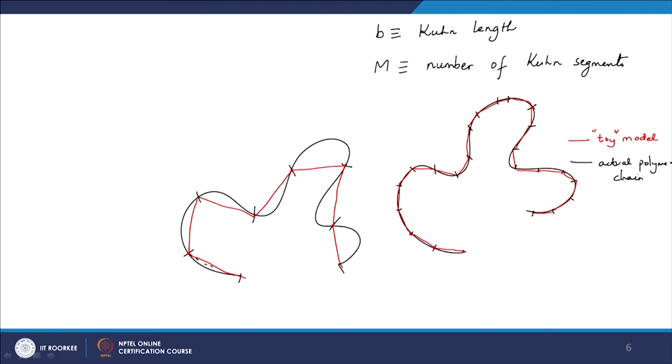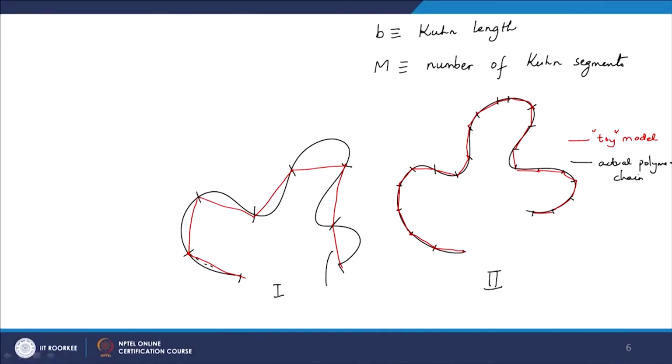And now you can see, since in the first case I use fewer segments to represent the polymer chains, in the second case I use more segments to represent polymer chains. If you remember, as I increase the number of segments, I will have more possible conformations. So this will give rise to a lesser number of conformations than the second case.